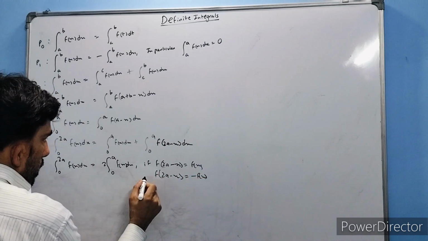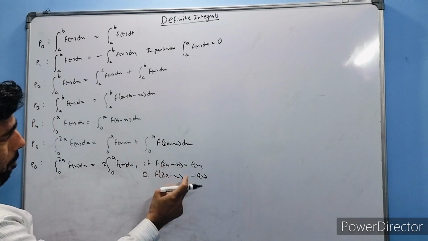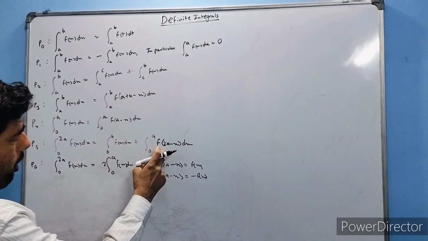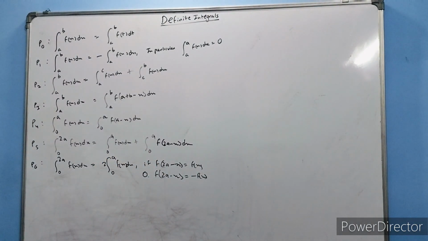Okay, if this value becomes 0, then it means 2a minus x. Okay, if it's positive, then you can take twice.